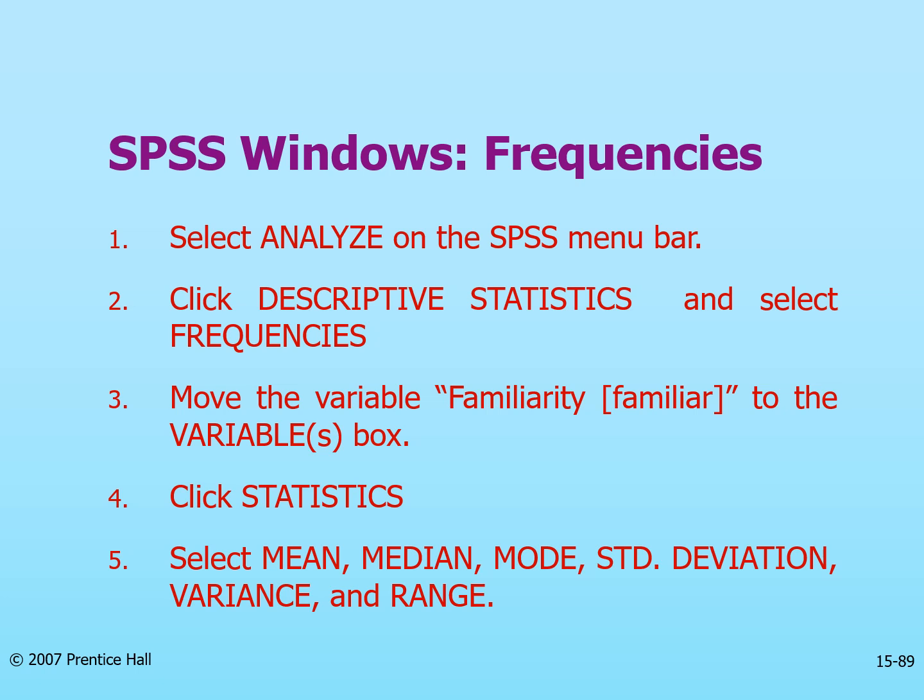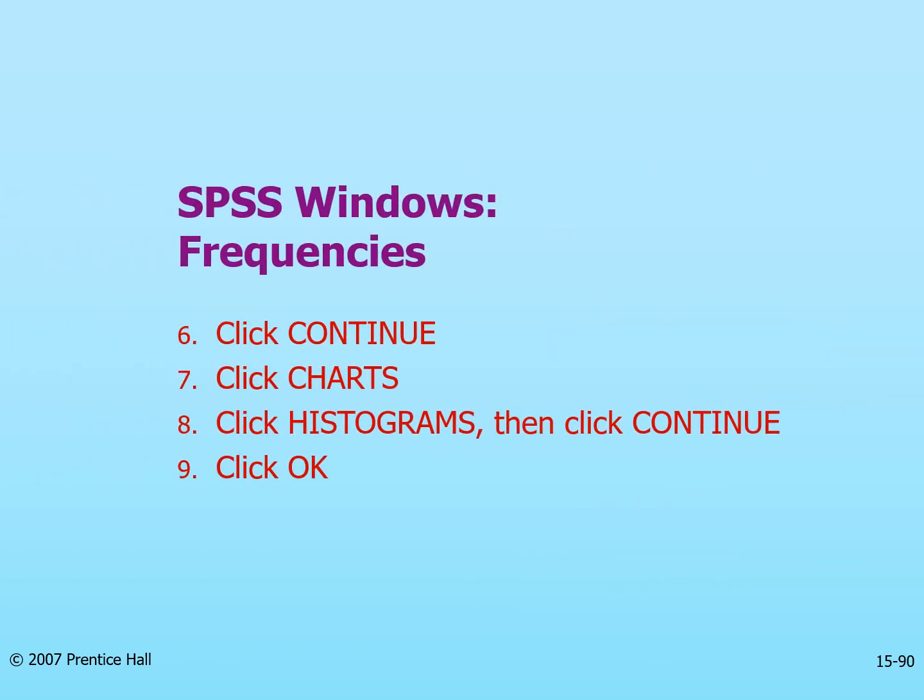If you go to the SPSS window and want to go for frequencies, you go to Analyze, click on Descriptive Statistics and select Frequencies. Move the variable to the variable box, click Statistics and select mean, median, mode, standard deviation, variance, and so on.